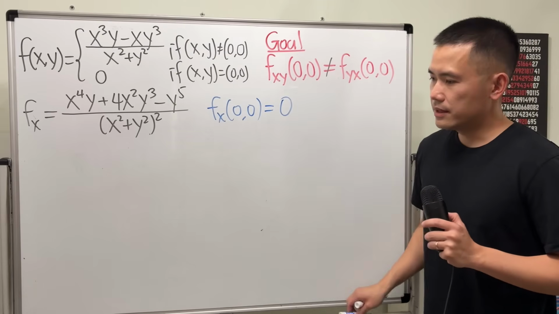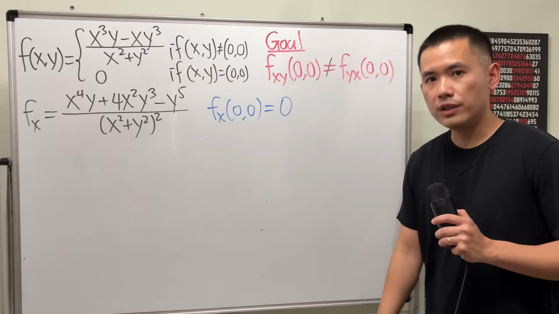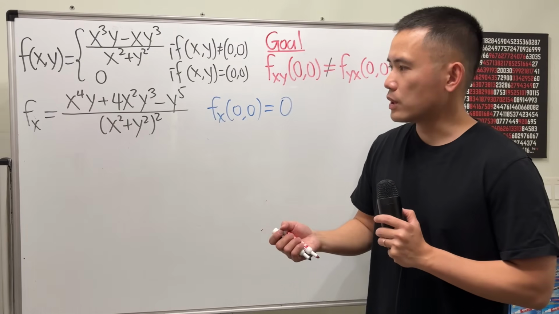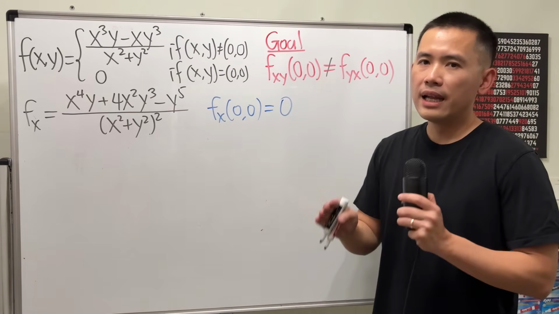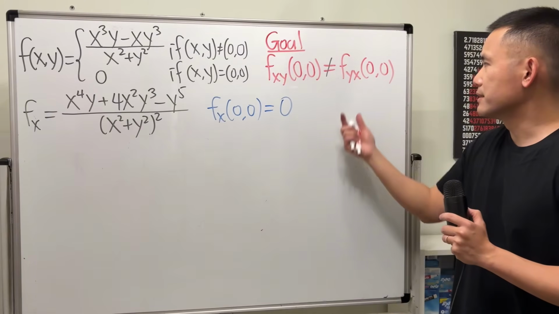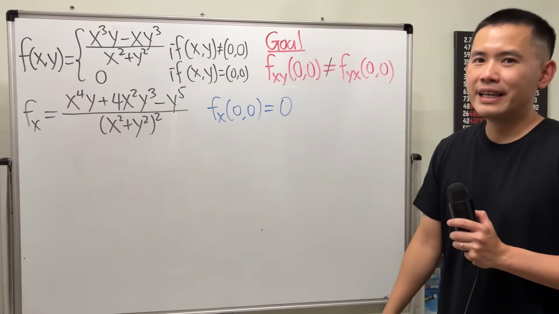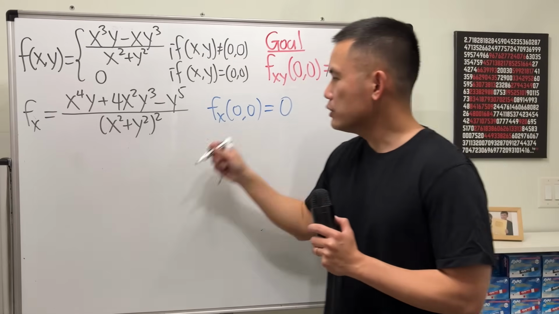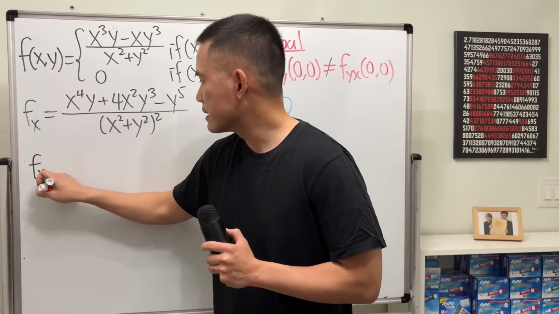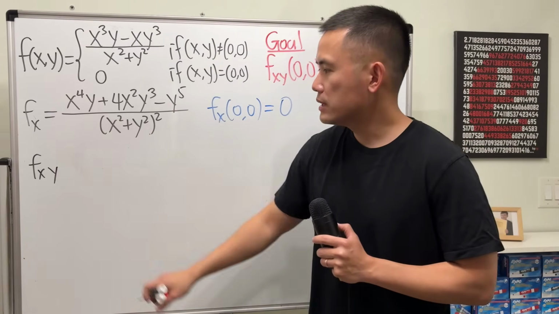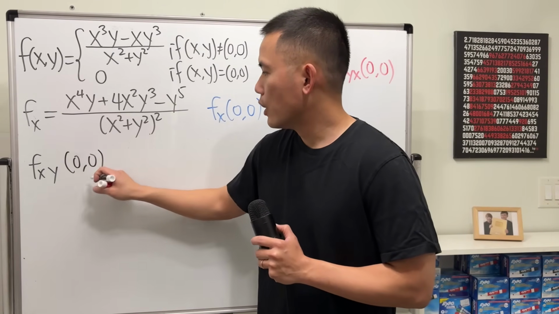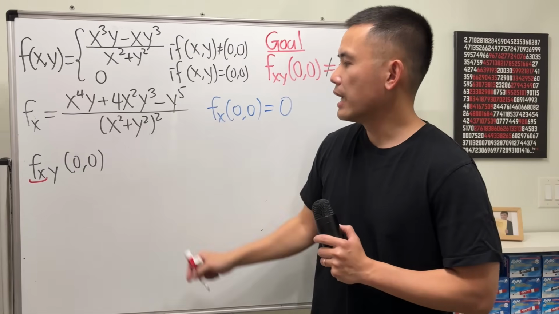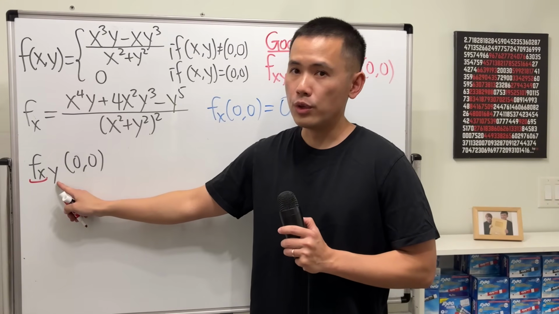Now, to get this, we actually have to use the definition as well. Because if you look at this expression and do the partial derivative with respect to y, the result is going to be the same as f sub yx. It's just that they are different at the origin. So for this right here, f sub x of y, when we use the definition, we are going to look at this part right here as our function, and y is the variable.